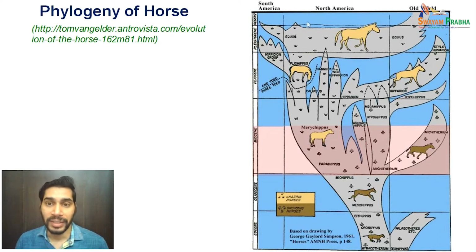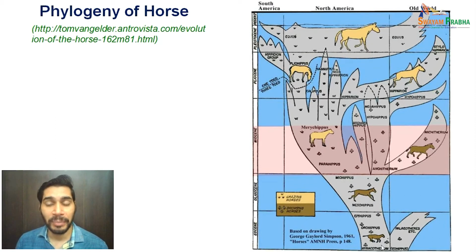If you look at this history of the horse, most of the evolution has taken place in this region, which belongs to North America. On this scale, you can see various epochs shown from Eocene to the Holocene or the recent epoch. So with geological time and geographical location, the evolution of the horse has been shown here.